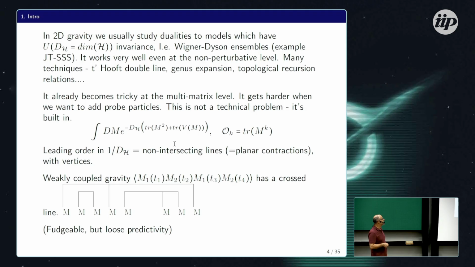You can fudge this. Because in principle, whenever you have, in my language, contractions that intersect, say two chords intersecting, you can replace it by a four-vertex, but you lose predictability very quickly.